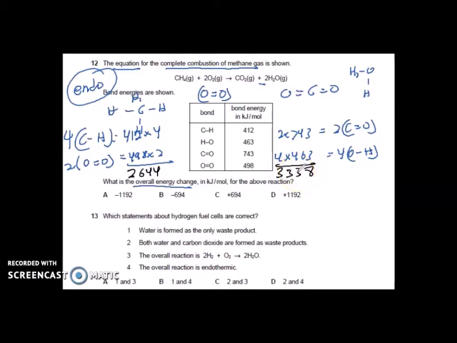So 3338 minus 2644 gives you negative 904. So this is your answer. It is negative because it is exothermic. It releases heat.